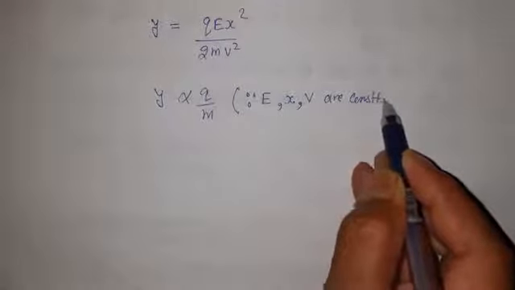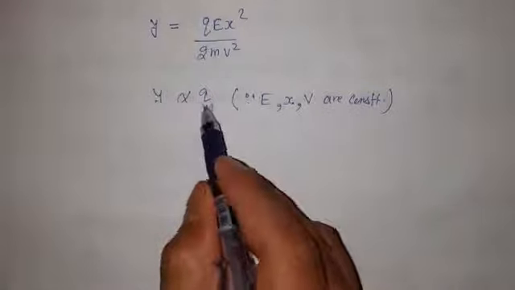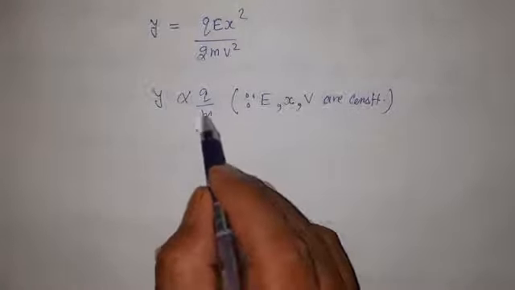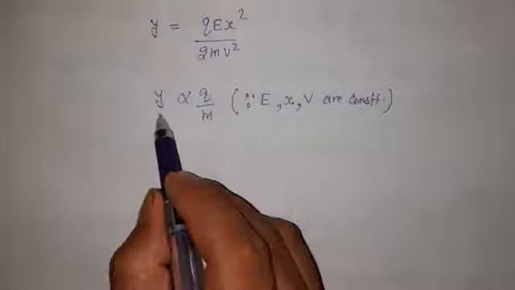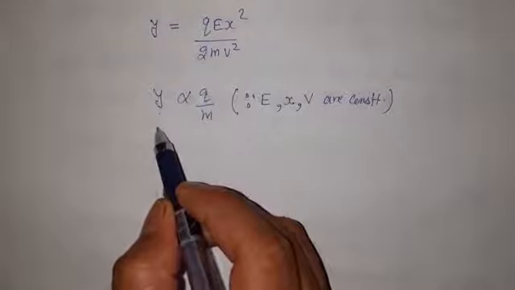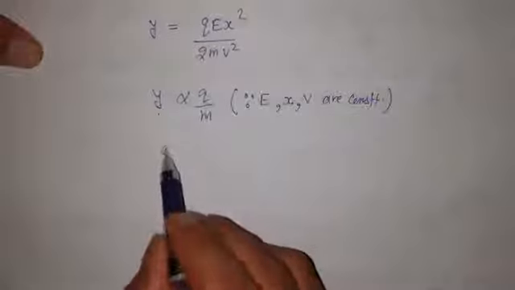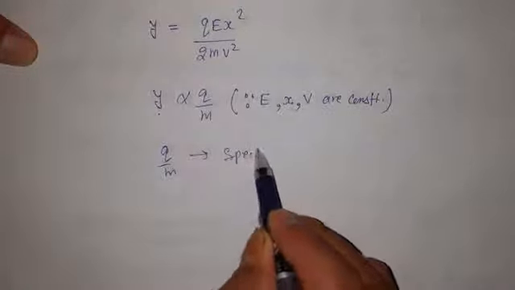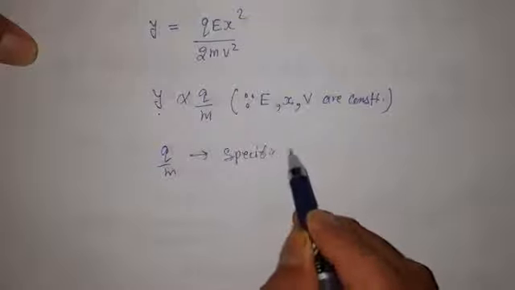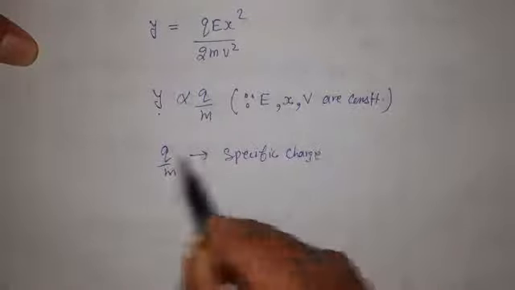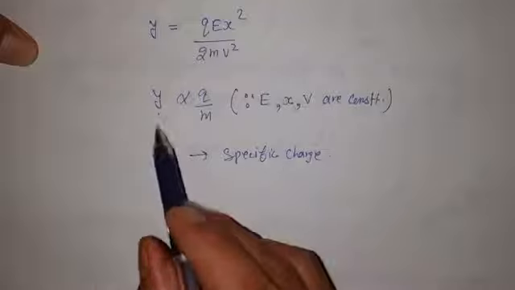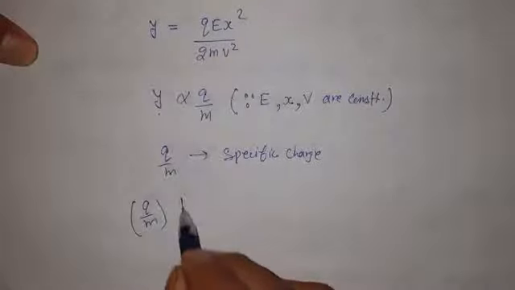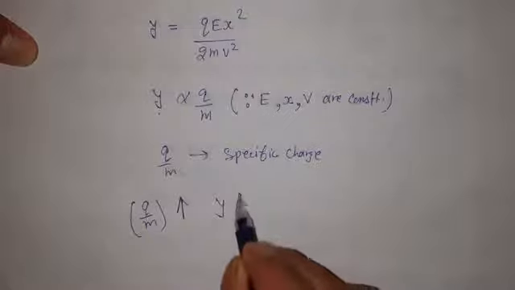Therefore the deflection depends only on the charge and the mass of the charge. This q by m is said to be the specific charge. The more the specific charge, the more will be the vertical deflection.